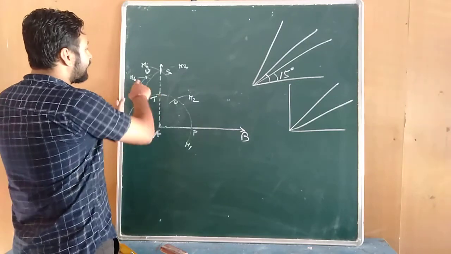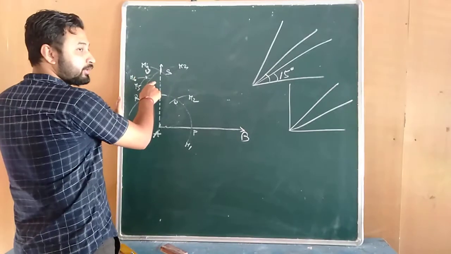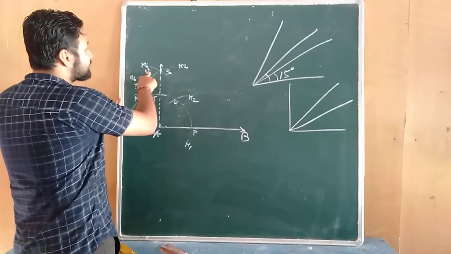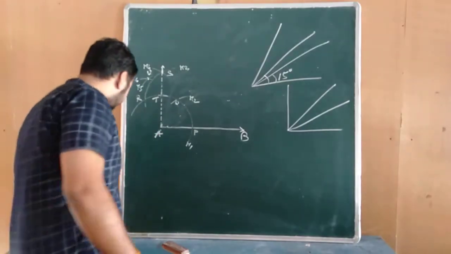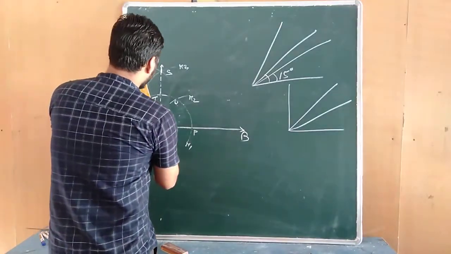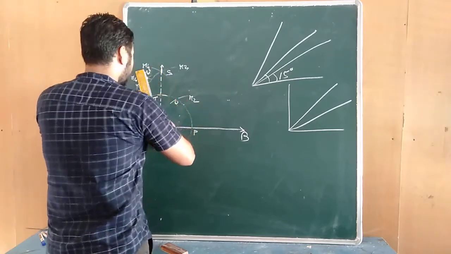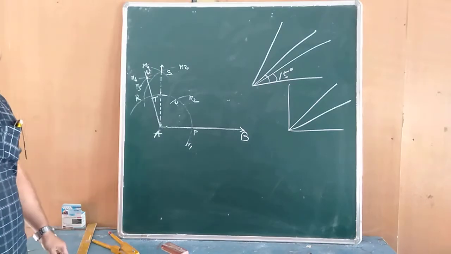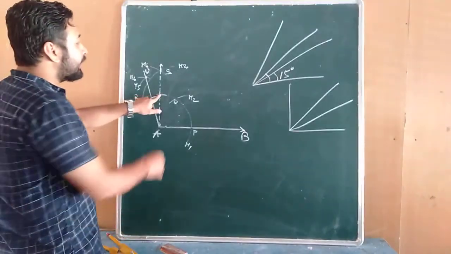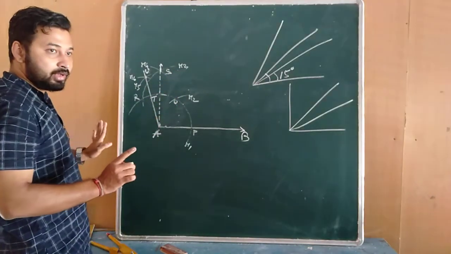Taking TS as center, we have drawn one arc. Taking RS as center, another arc. Both intersect at a certain point U. Now we will join U and A. If you need a 75-degree angle, take T and Q as centers, draw two arcs, join, then a 75-degree angle will come.